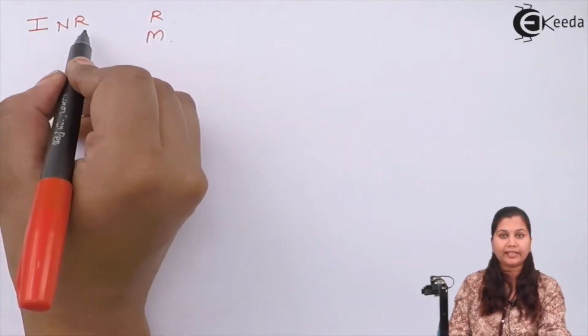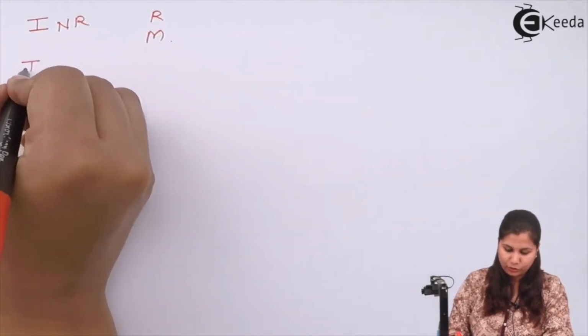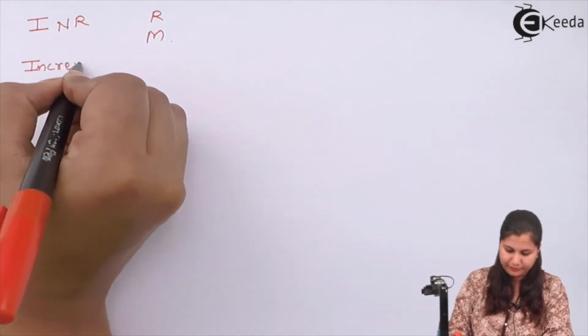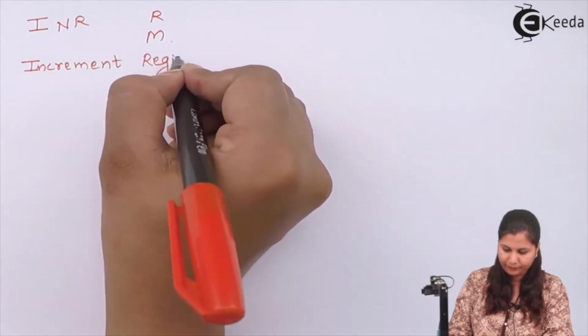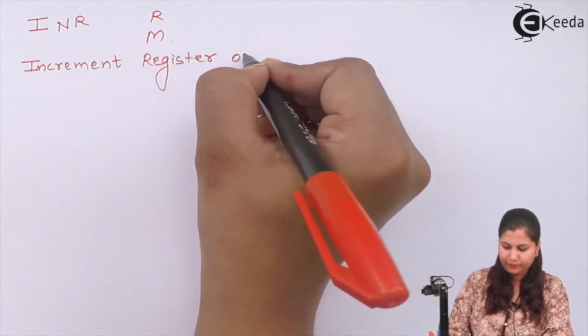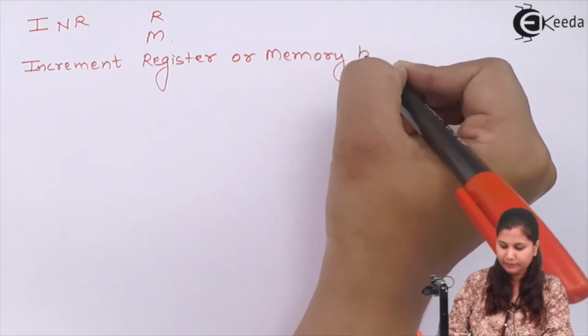So we have INR R and M. This instruction is to increment a register or memory by 1.